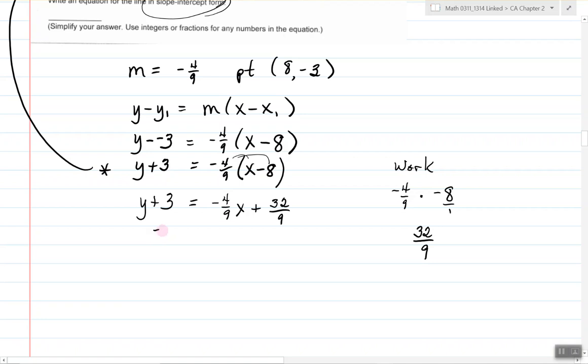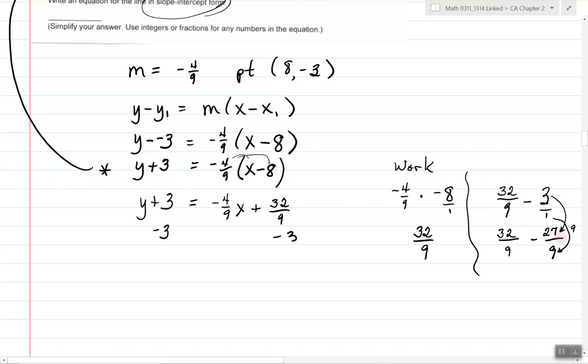Now I need to subtract 3 from both sides. So a little more work. I have 32/9 minus 3, and that's 3/1. Common denominator is 9. No change in the first one. 1 goes into 9 9 times, and 3 times 9 is 27.